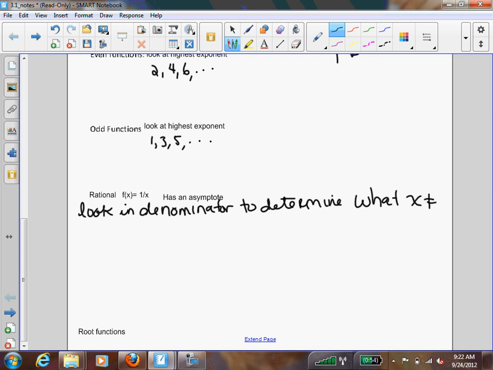And for graphing purposes, that value that x can't be gives us what's called an asymptote. An asymptote is an imaginary line that the graph will always approach, but will never, generally this year, cross.